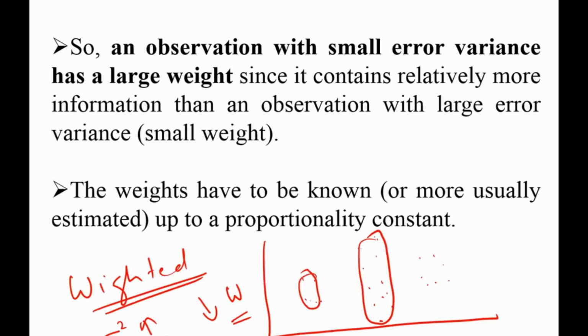whereas an observation having less variance is most likely to be somewhere near the mean, so we give more weight to that in the estimation process. But if it has high variance, it could be this big or this small.